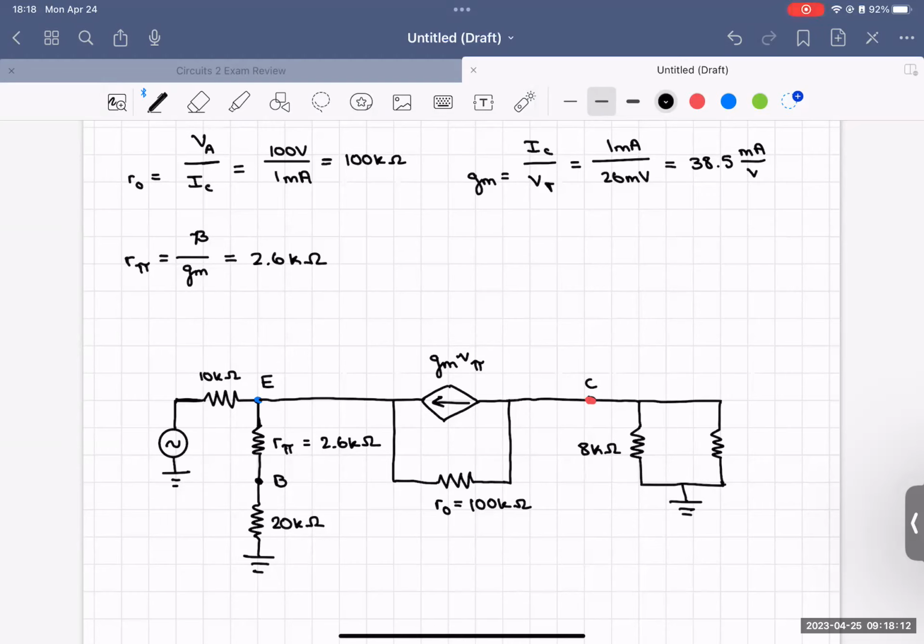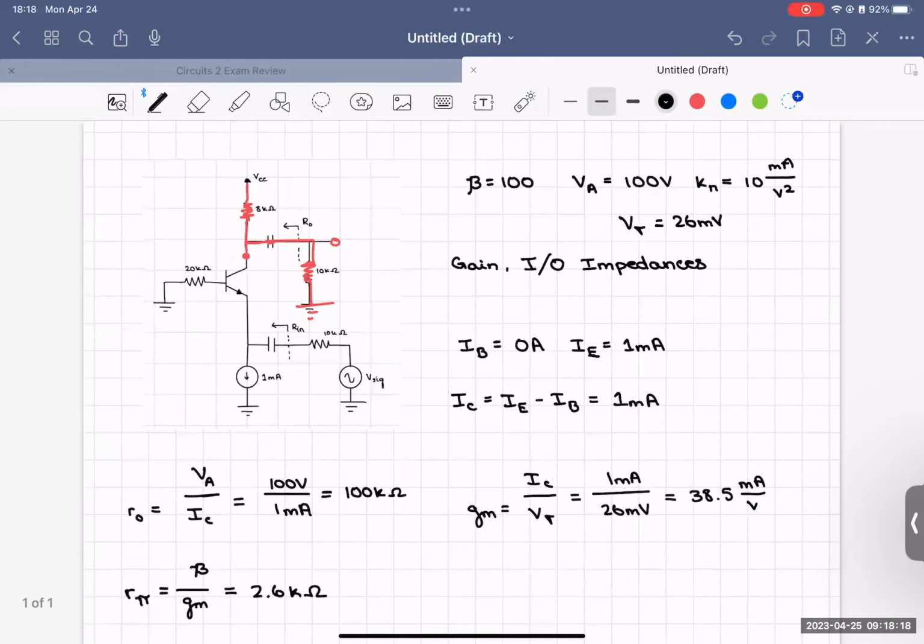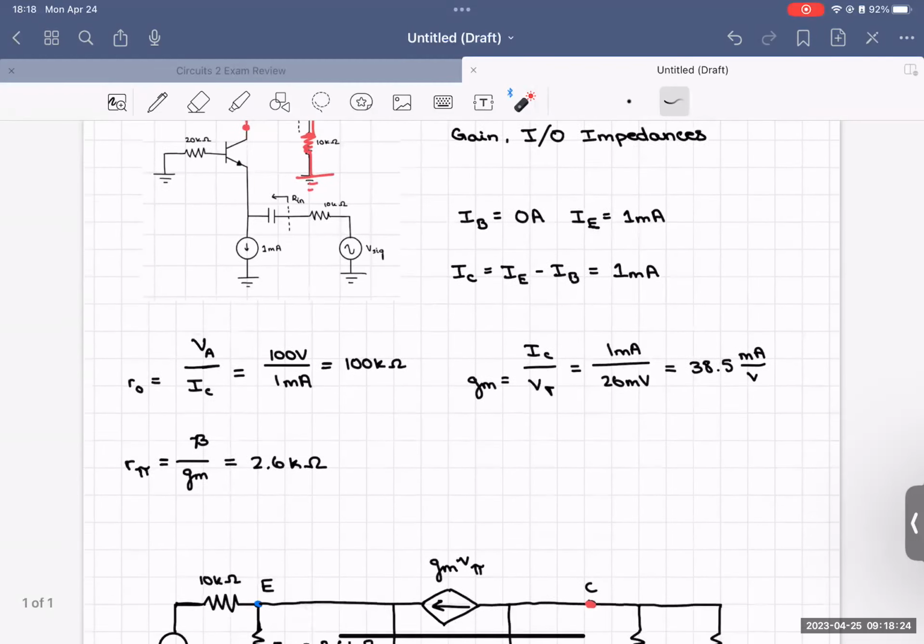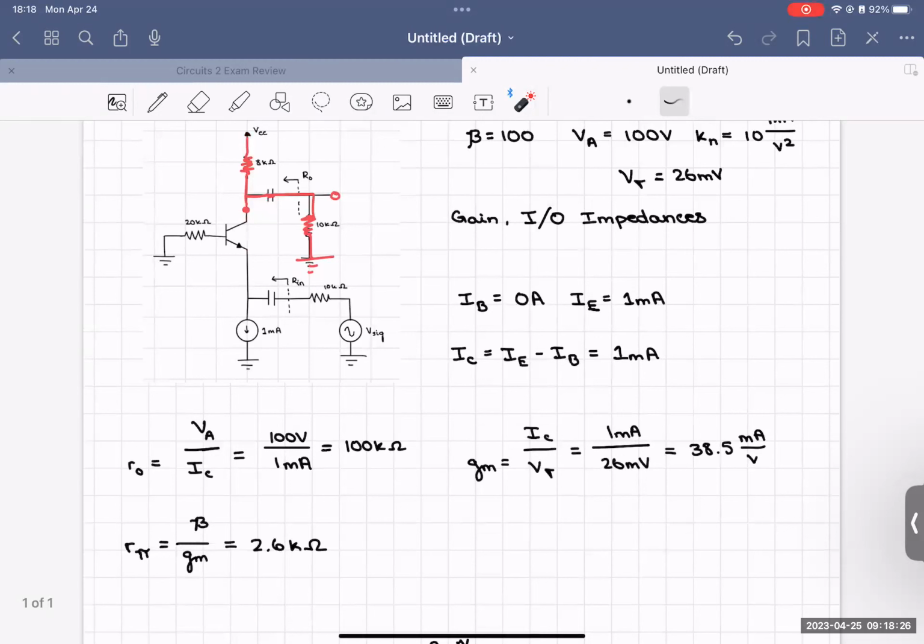And we'll see that because now we're at that small signal point. So we see that VCC there up at the top. We're connected to ground now because we're in the small signal area. And that's the same reason the capacitors are shorts. If we were in DC, we would lose all of this and we would lose all of this.